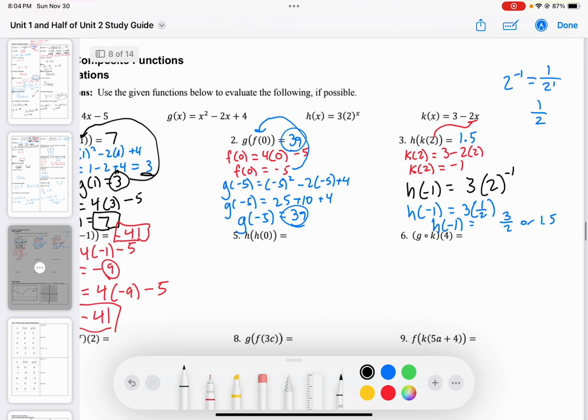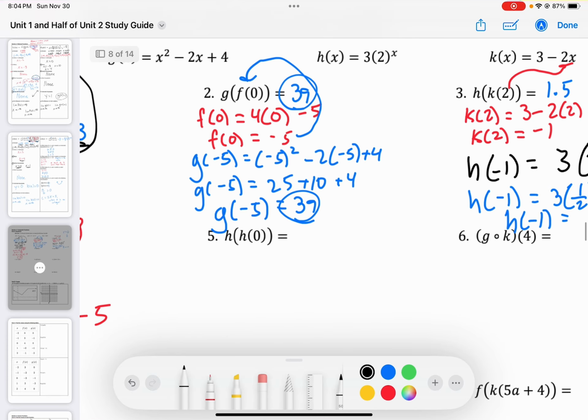All right, now I got the h of h of 0. So where's h? H is here. So the h of 0 equals 3 times 2 to the 0. Anything to the 0th power is 1. So this becomes 3. Let me just show it. 3 times 1, which is obviously 3.